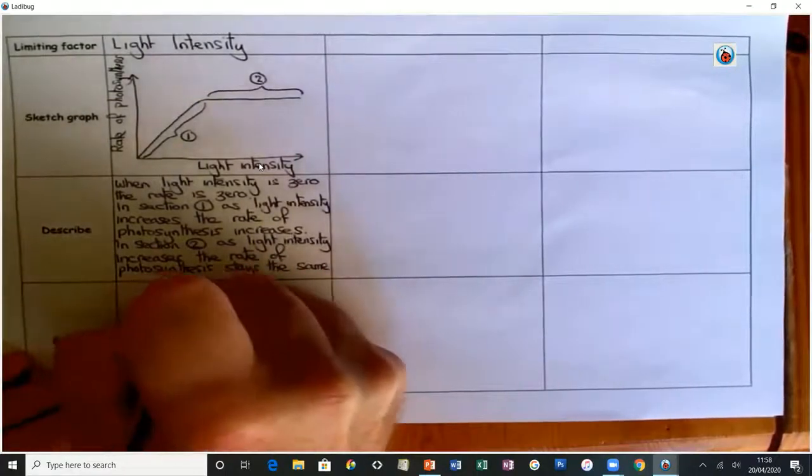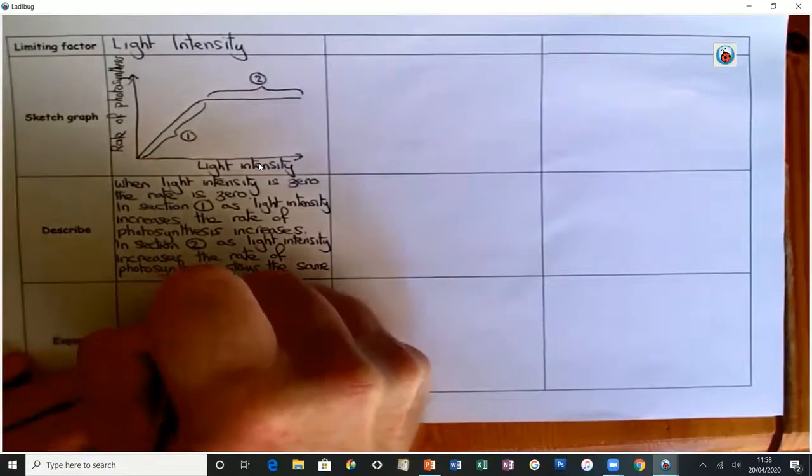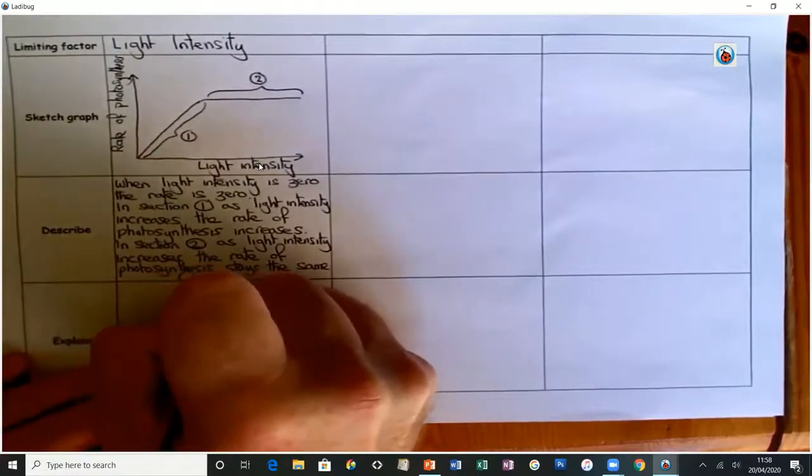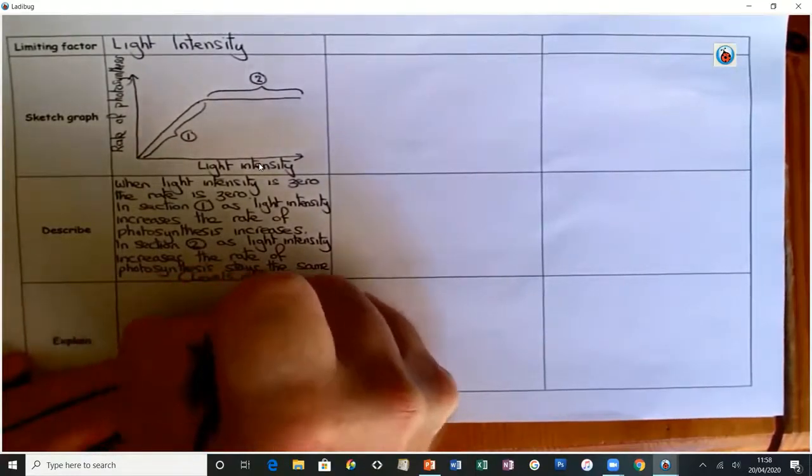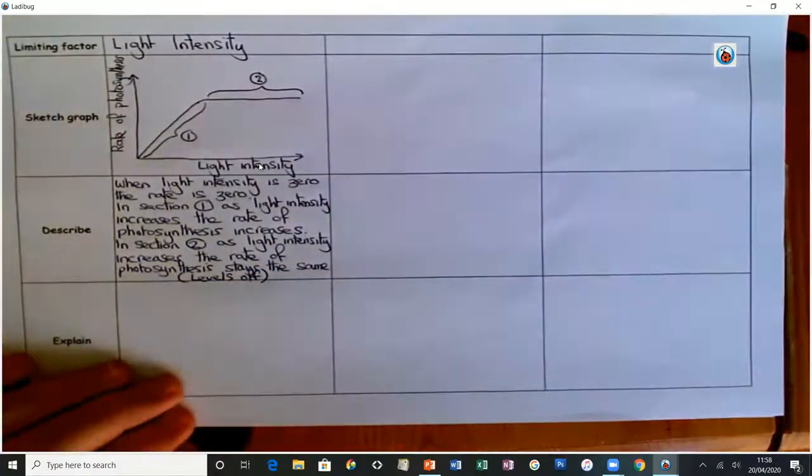As I've said, it's leveled off, or it levels off. Okay, so that's what we can see happening in the sketch graph.